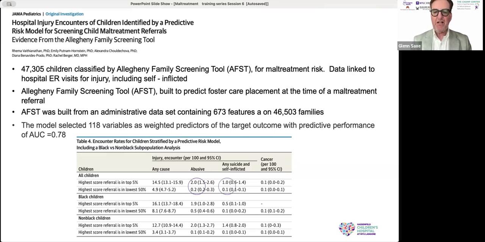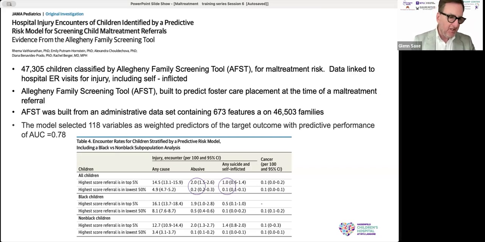And then they looked at self-inflicted injury and also found a tenfold difference, which I think is impressive for sure. Then they looked at differences between Black kids and non-Black kids, and actually some biases were picked up with this. I think this is a very thoughtful, important study, so take a look at this if you want to.